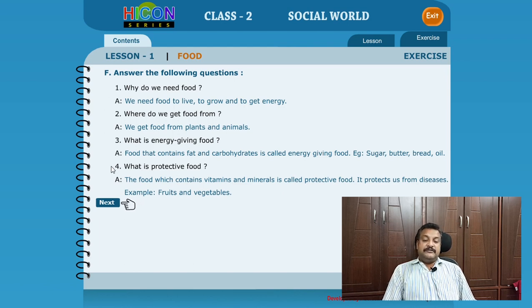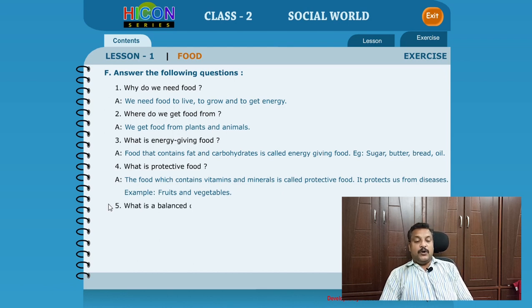Food which contains vitamins and minerals is called protective food. It protects us from diseases. Example, fruits and vegetables. So protective food is that food which protects us from the diseases. So they contain vitamins and minerals and they are fruits and vegetables.